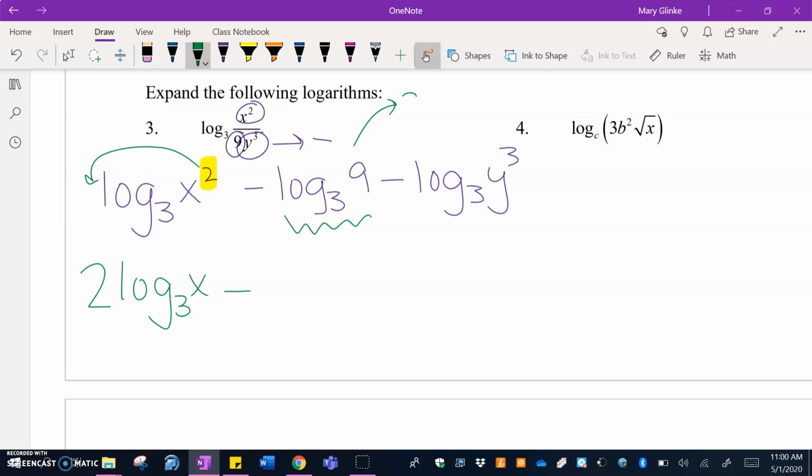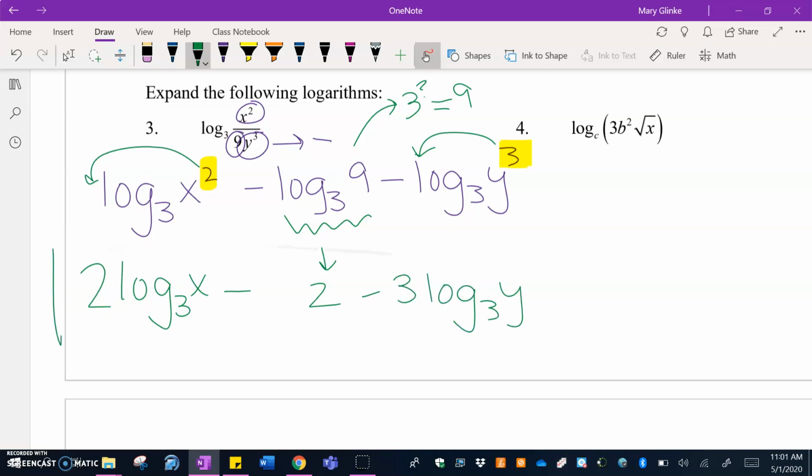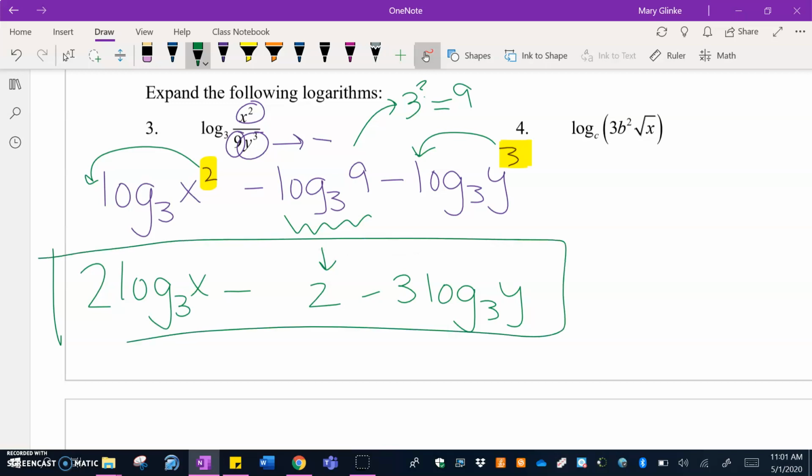So we have to figure out if we can solve 3 to some power equals 9. That one does work. 3 squared equals 9, so that's going to be a 2. And then the last one also has an exponent, so exponents have to come out in front. So we're going to write minus 3 log base 3 of y. This would be our expanded form for number 3.